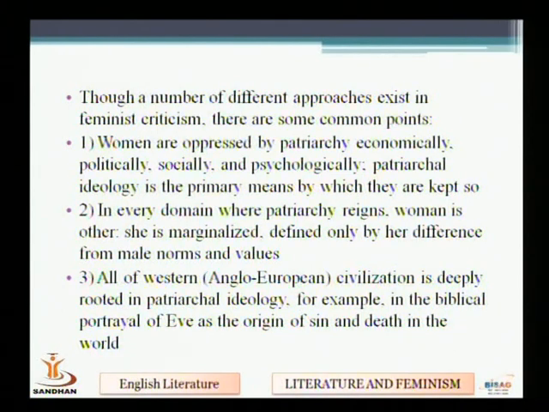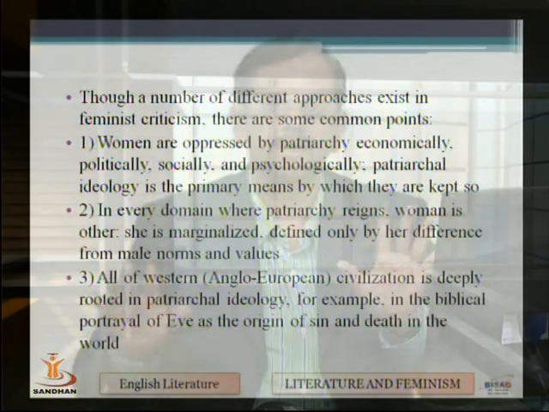All of Western, that is Anglo-European, civilization is deeply rooted in patriarchal ideology. For example, in the biblical portrayal of Eve as the origin of sin and death of the world. Consider even Eastern civilization like India. The representation of women is usually in terms of either a goddess, Sati or Sita, or as a devil, Shurpanakha.